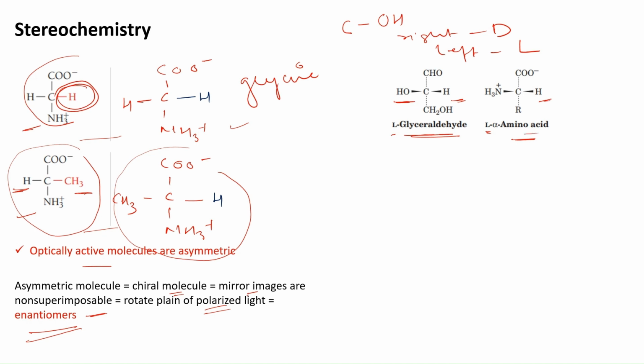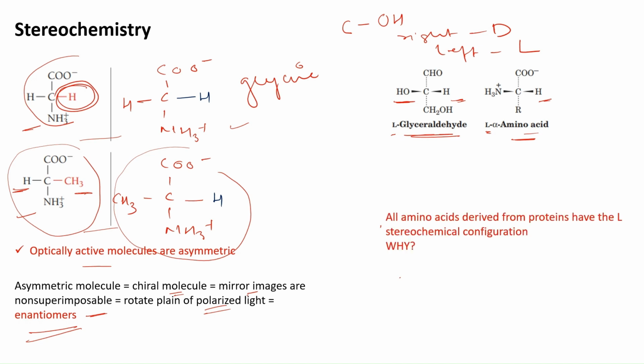For carbohydrates, we studied that D forms are mostly found in the biological system, the D monosaccharides. In case of amino acids, the L amino acids are mostly found in the biological system. D forms of amino acids are present in the cell wall of bacteria.